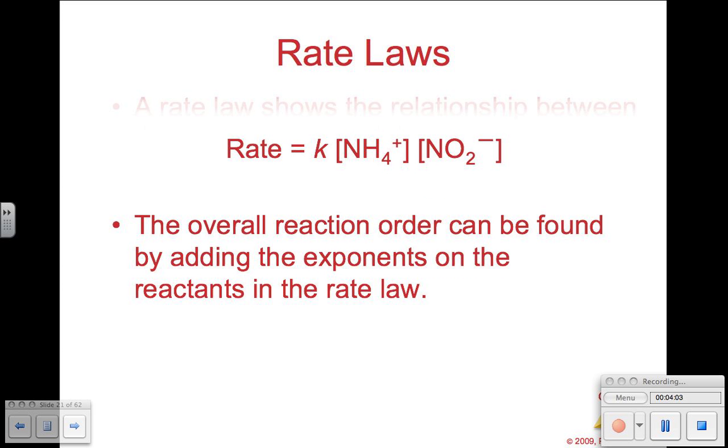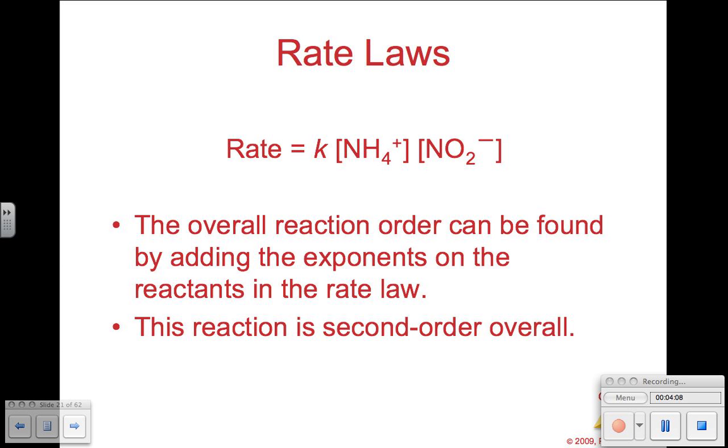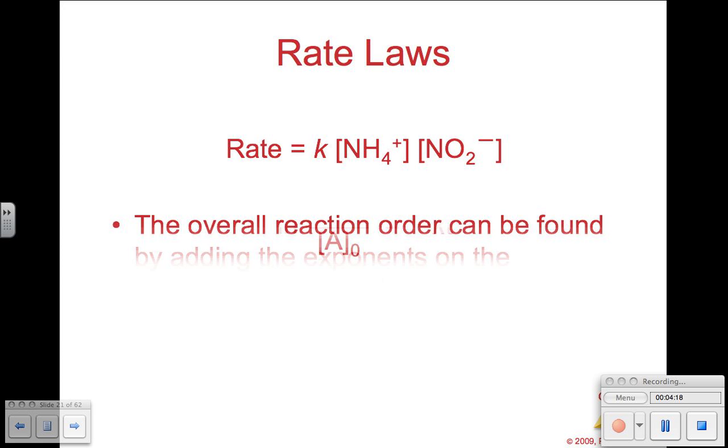Overall, for the whole reaction, it is a second order reaction because both the ammonium and the nitrite are first order, so they add up together to determine the order of the overall reaction.